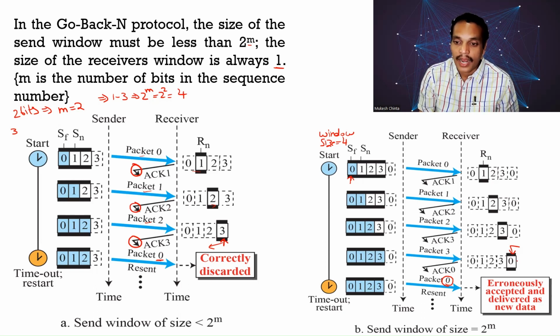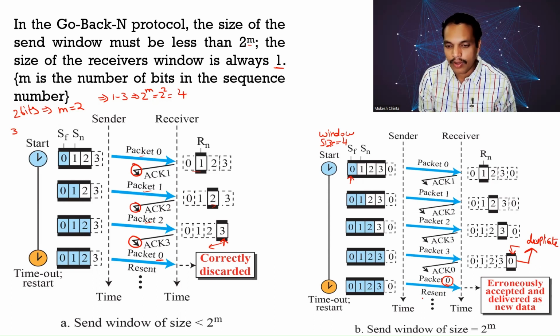So it will accept it and forward the duplicate to the upper layers, which is not acceptable. This is a duplicate, but the receiver does not know that simply because the sender's window is equal to 2 power m.